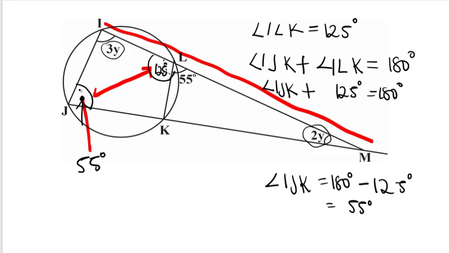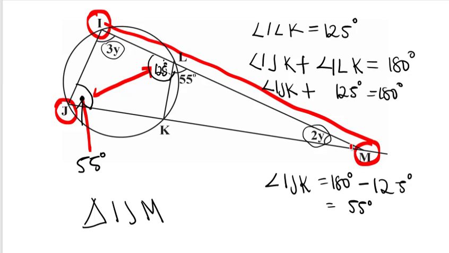If we know the angle at J, that is angle IJK, to be equal to 55 degrees, then let's consider triangle IJM. Let's consider triangle I, J, and M, and see what is going to happen there.